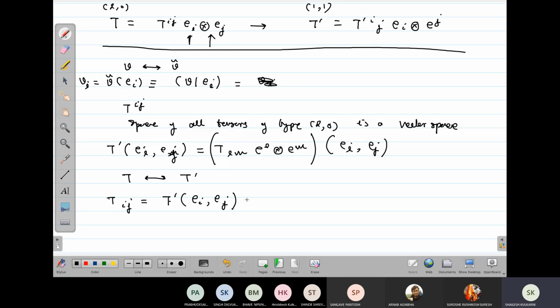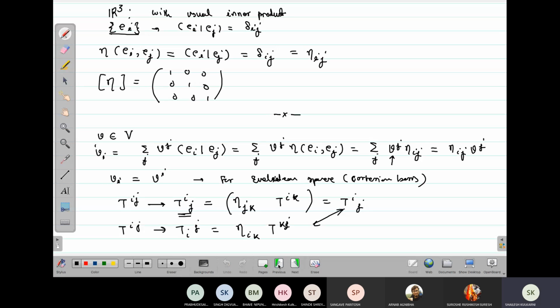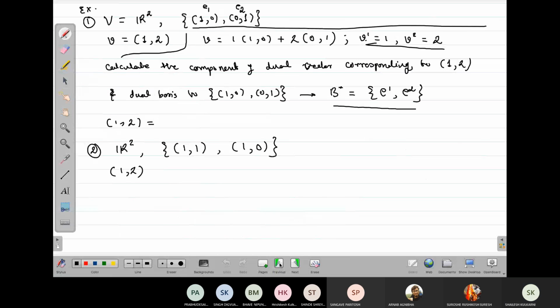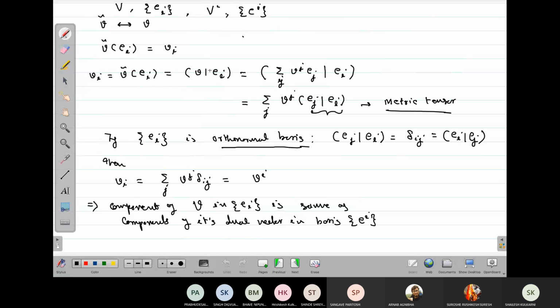Clear? Okay, so by this definition, which definition? A definition like this: V tilde acting on EI is defined to be inner product of V with EI.